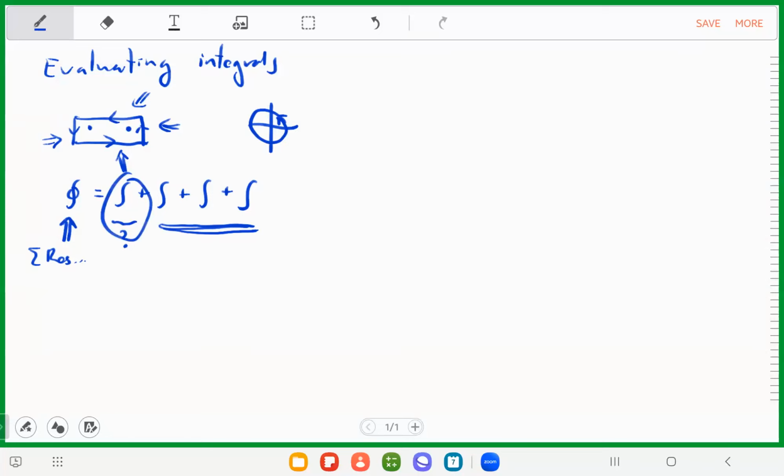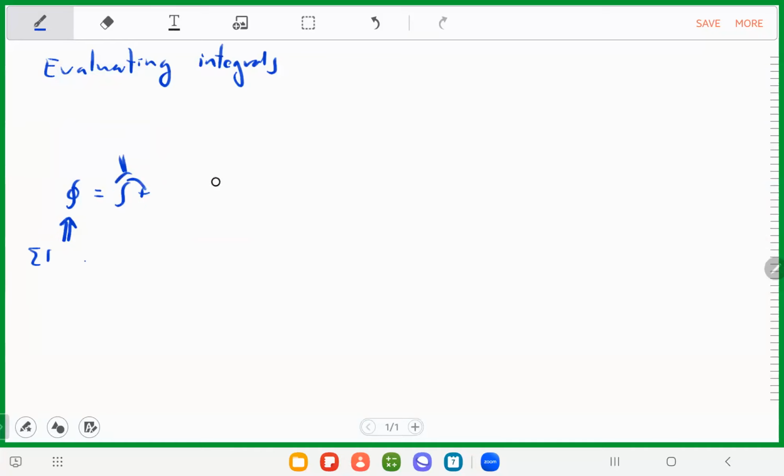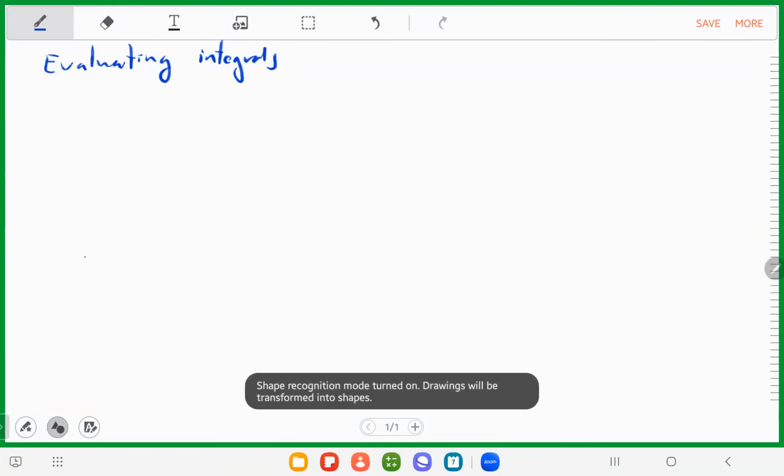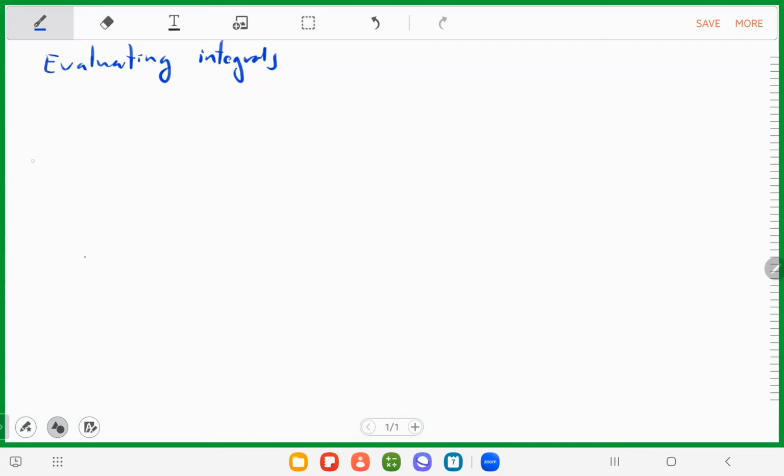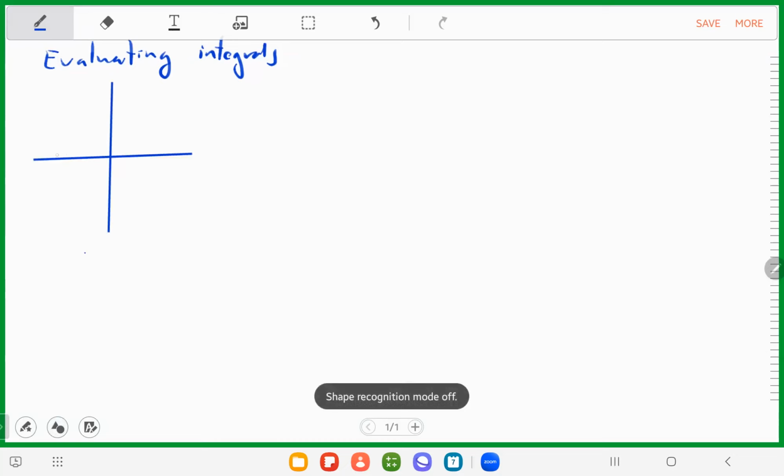So in many cases, let's say another very simple contour that we can use, and we use it a lot, but please notice that it doesn't mean we have to always use it. You just have to check in each case. A contour that we use a lot is a semicircle contour, in which we go from some real value, let's call it minus r, to the value r on the real axis.